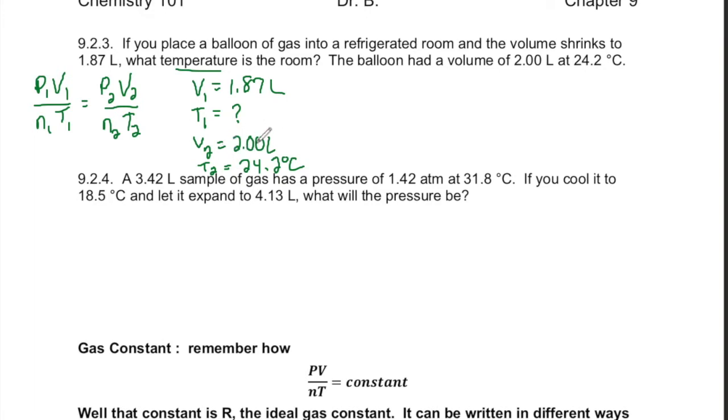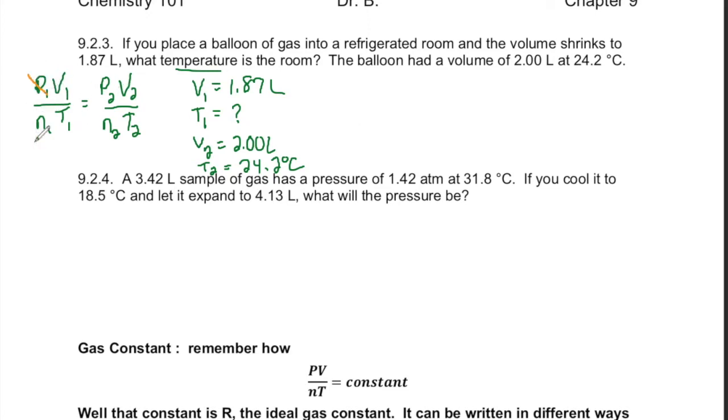If you had made this V1 and T1 because these are kind of the original conditions, that's okay, as long as you keep them on the same side of the equation, as long as the subscripts match, because these do match, then that should be fine.